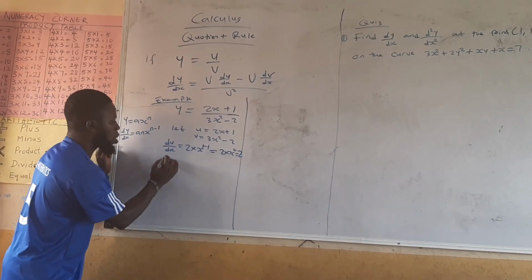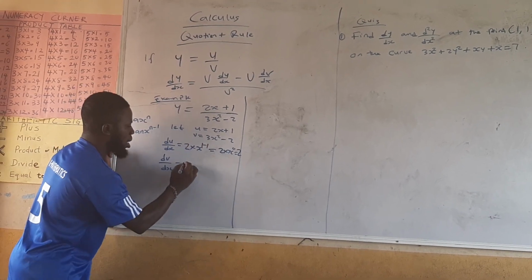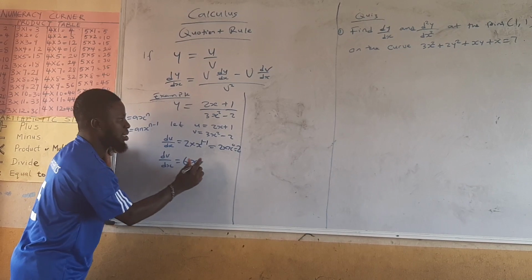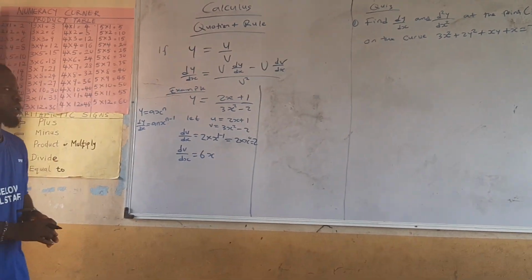Then we go to the second one, dv/dx, which will give us 2 times 3, that's 6x. 2 minus 1 is 1, that's 6x. Then differentiation of this constant will give us 0.